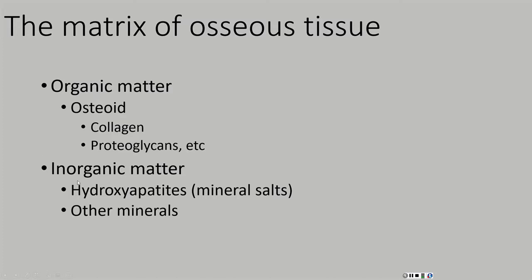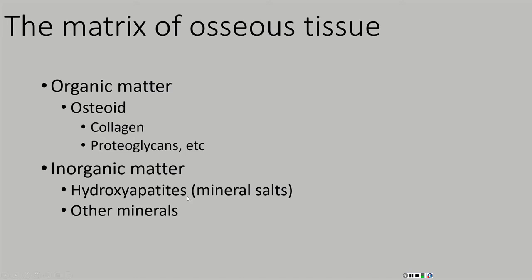Now, on the inorganic side, here we have a whole bunch of different minerals, things like calcium, magnesium, phosphate, and collectively we will call these mineral salts, we'll call them hydroxyapatites. Hydroxyapatites.